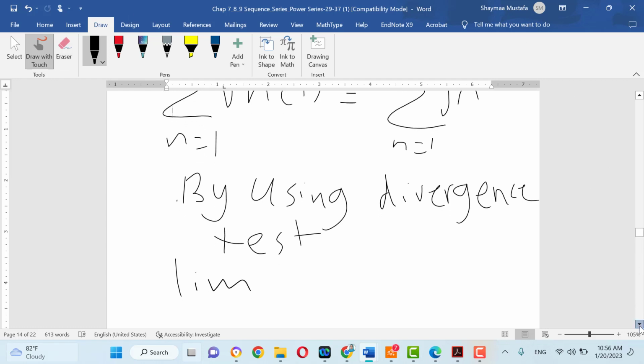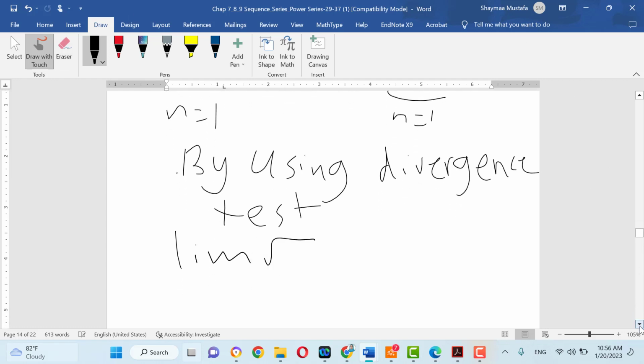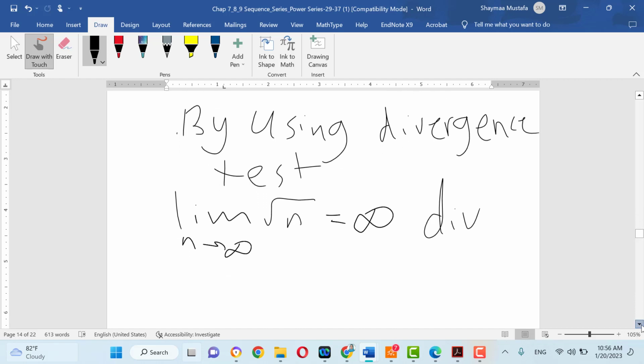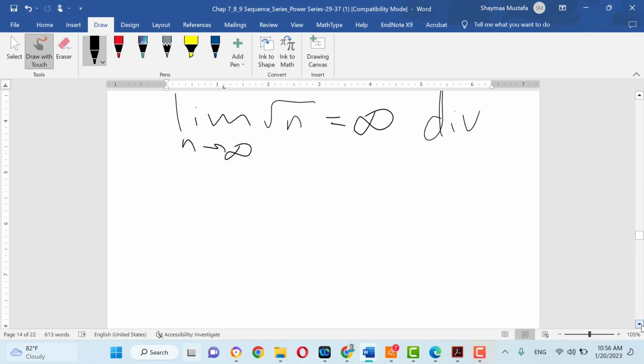You need to take the limit of square root of n when n goes to infinity, which is equal to infinity, which means a divergent series. So x equal to 2 is also not included in your interval of convergence. So the interval of convergence is only from 0 to 2 without the points 0 and 2.